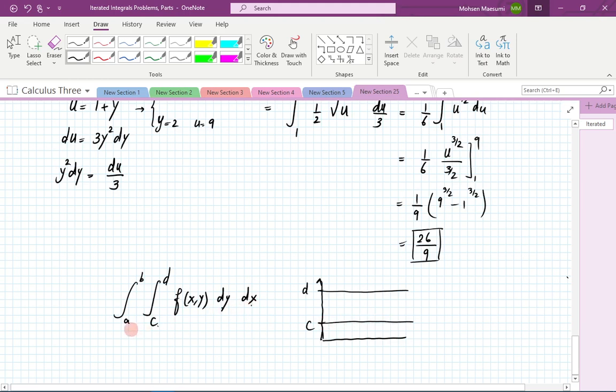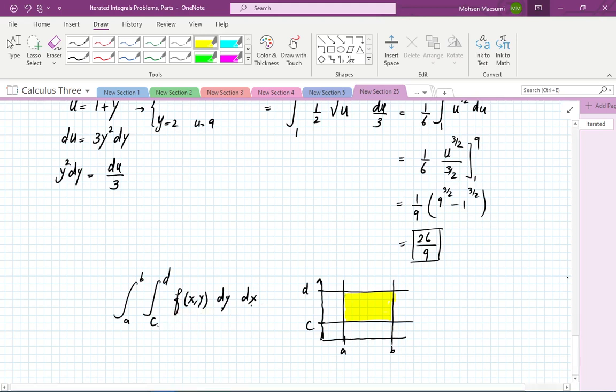And x ranges from a to b, so wherever a is and wherever b is, that's going to be the range of x values. So the domain that we are integrating is a rectangle. So at least that portion of the problem, let's simplify that. So the base is just a rectangle.